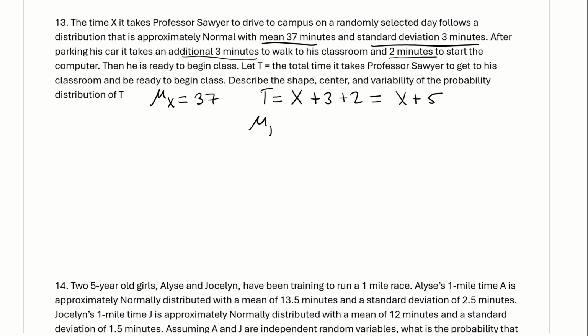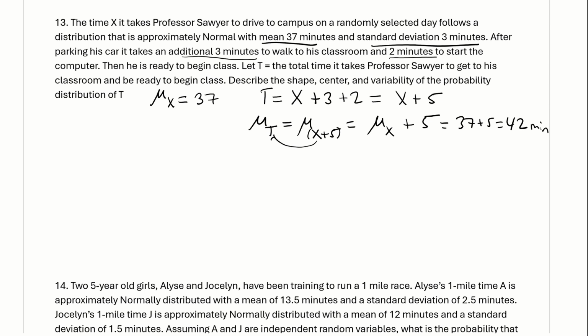And so mu t is mu of x plus 5, which is the same thing as mu x plus 5. So yeah, just add 5 to it. So mu t is equal to 37 plus 5, which is equal to 42 minutes.